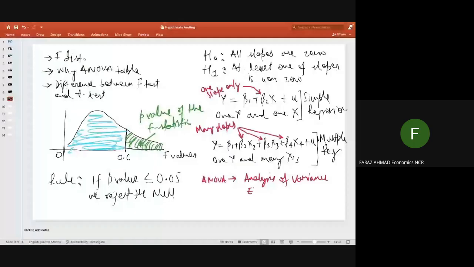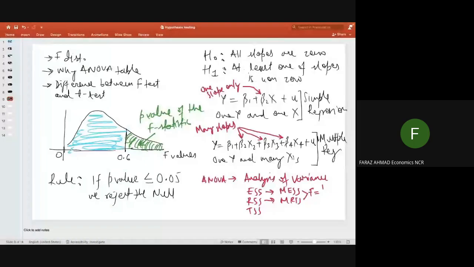So we are calculating three variances, which are ESS, RSS, and TSS, and we use them to calculate mean ESS and mean RSS, and then use these two to calculate the F ratio, which is the mean ESS divided by the mean RSS.